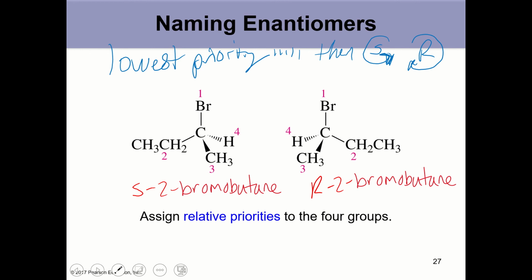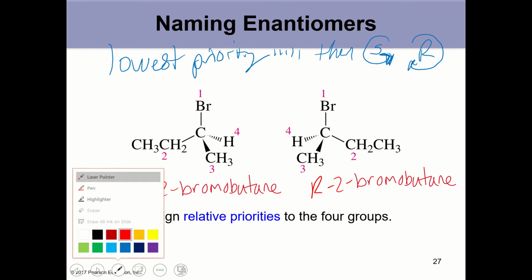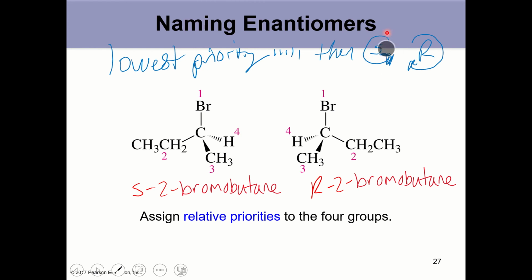When we name these molecules, one will be S and the other will be R. The molecule labeled S will have the highest priority group moving counterclockwise toward the lowest priority group. The molecule that we label as R will have the highest priority group, and then we move around the molecule in a clockwise direction until we get to the lowest priority group.